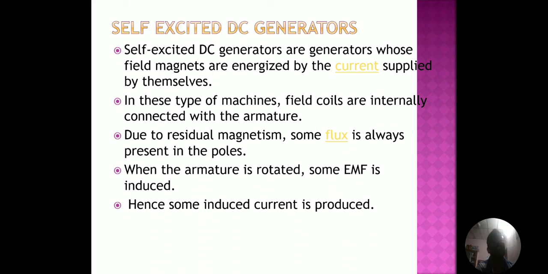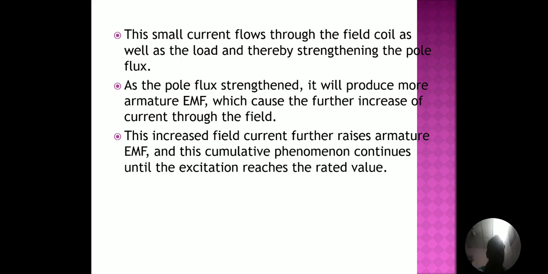In this type of machine, field coils are internally connected with the armature. Due to residual magnetism, some flux is always present in the poles. When the armature is rotated, some EMF is induced. Hence, some induced current is produced.